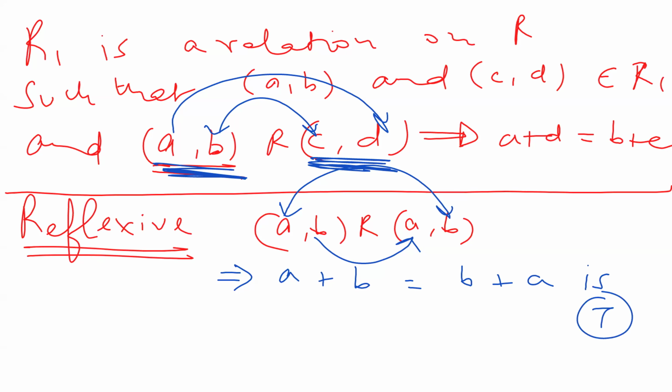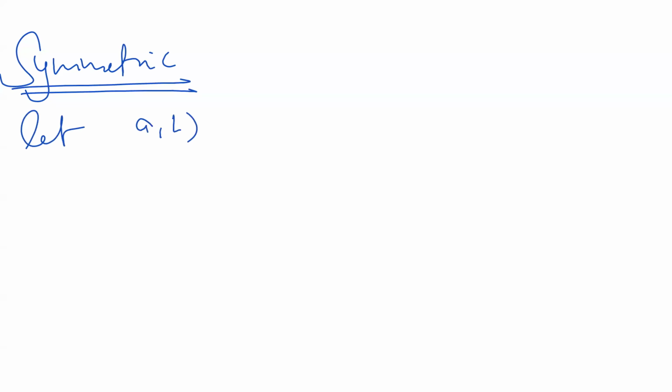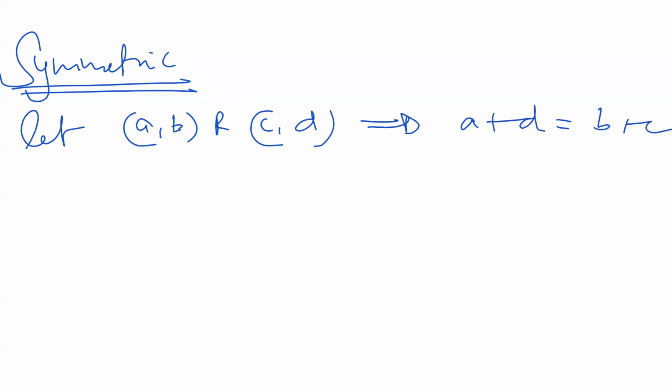Symmetric. Let A comma B relate to C comma D, which implies A plus D is equal to B plus C is true.